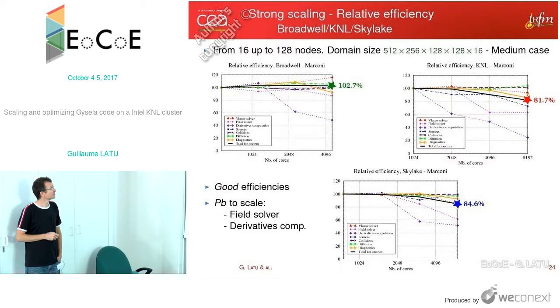So now a strong scaling over 128 nodes. The reason for this number is that on the Marconi system, for the KNL partition, I cannot access more than 200 nodes, so it's not possible for me to have a larger comparison. So here you have the number of nodes, and depending on the type of the node, you do not have the same number of cores here.